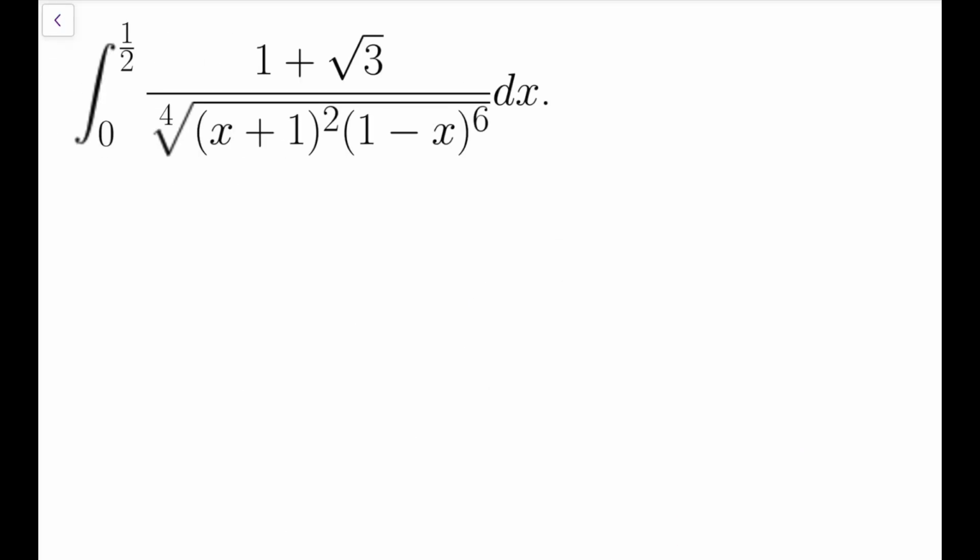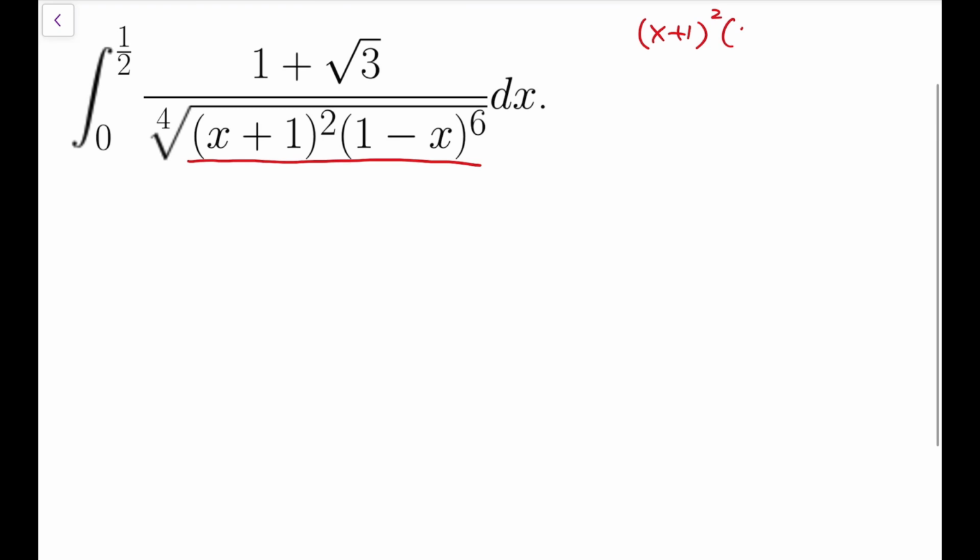To evaluate this integral, I'm going to rewrite the expression inside the 4th root at the denominator to be (x plus 1) whole squared times (1 minus x) whole squared times (1 minus x) to the power 4.